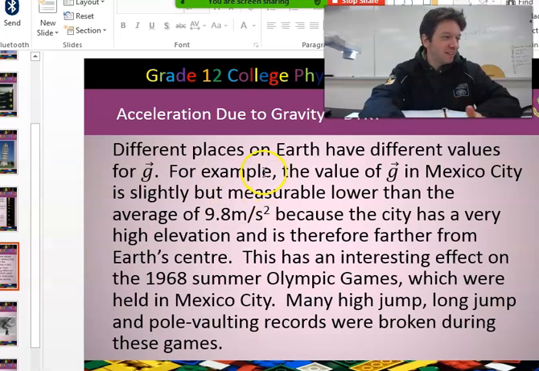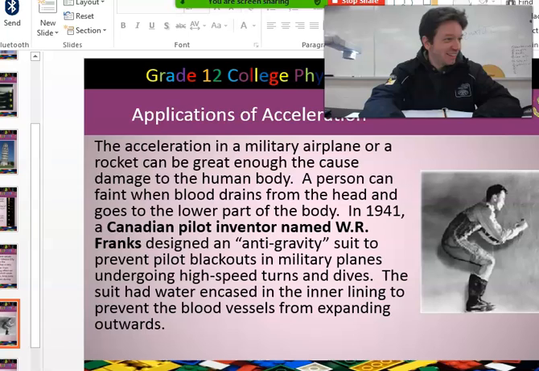So an interesting example is the value of g in Mexico City is slightly lower than 9.8. And when they had the 1968 Olympic Games, a lot of the high jumps, long jumps, and pole vaulting records were all broken that year. Was it due to gravity? Don't know.